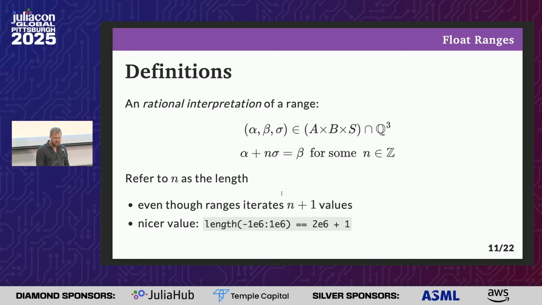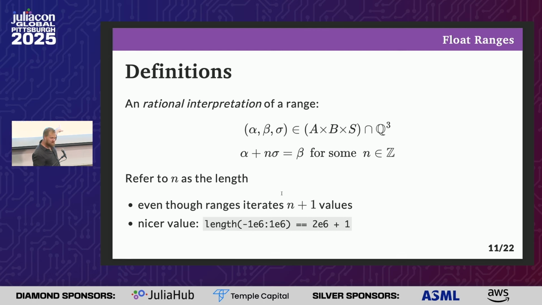So a rational interpretation of a range is a triple of rational numbers that are in the appropriate intervals that you were given, and such that the start plus the length times the step is equal to the endpoint. So we actually hit the endpoint exactly for some n. We don't know n. We're not given n. I'll refer to n as the length here. It's not the length in the sense of the number of points you get, but it's the number of steps, and it's more convenient, and it's nicer usually.